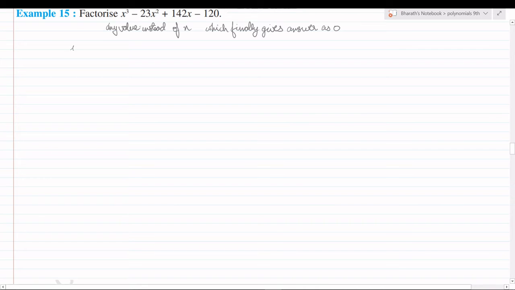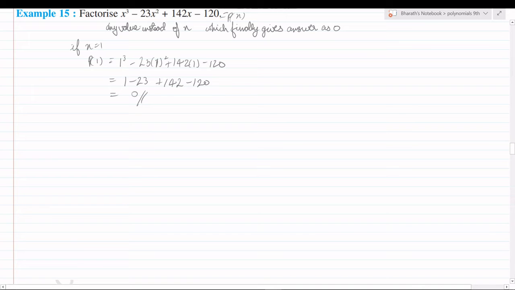Here, if x is equal to 1, let this be p of x. P of 1 is equal to 1 cube minus 23 into 1 square plus 142 into 1 minus 120, which is equal to 1 minus 23 plus 142 minus 120. This is equal to 0.